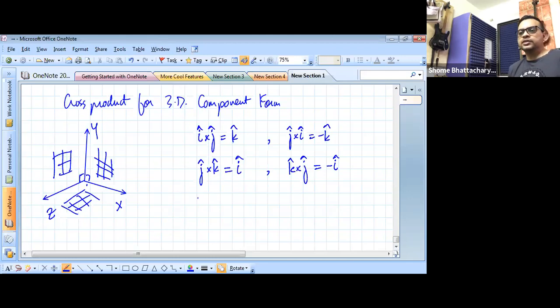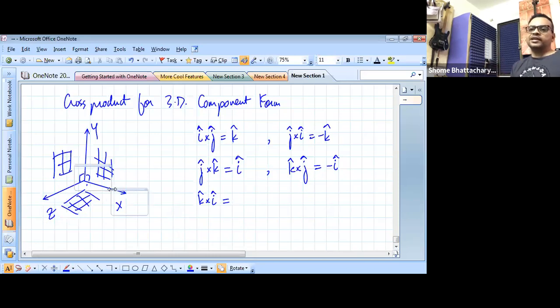And similarly, if you take k cross i, now figure this out, what this will give you. Point your thumb and fingers in the proper direction and see what this gives you. Now try it properly. See, this is like you're putting your palm on the floor, and your thumb is pointing like this and your fingers are pointing like this.